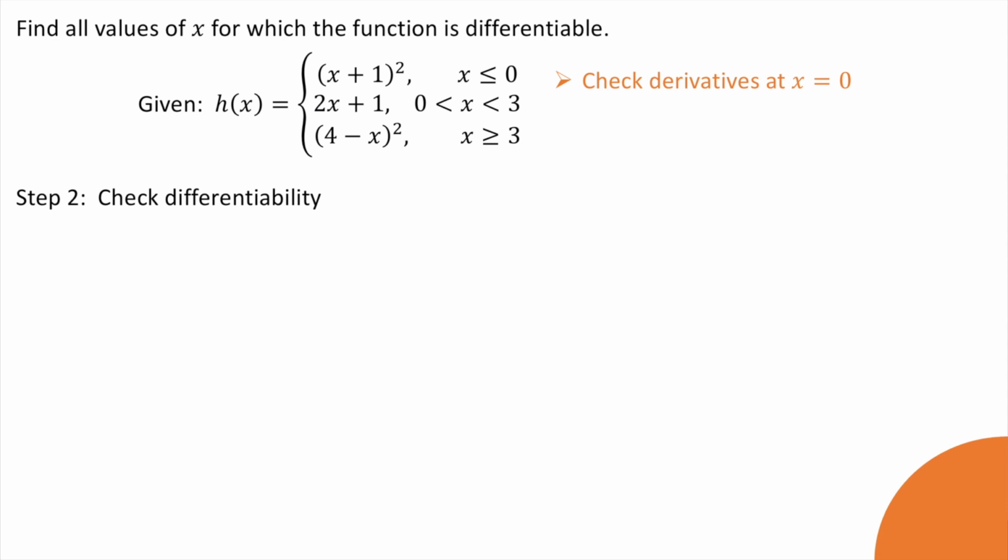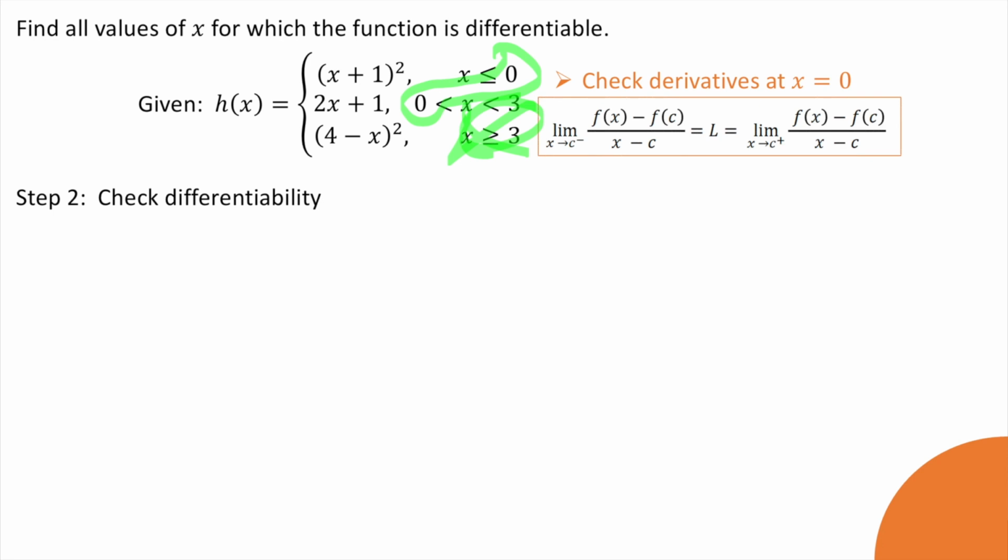Now we're going to check differentiability. This is a little tedious, but stick with me. We know that it's not continuous at 3, so we don't even care about that. But we need to check differentiability at 0. Now remember, differentiability is the slopes from the left equaling the slopes from the right.